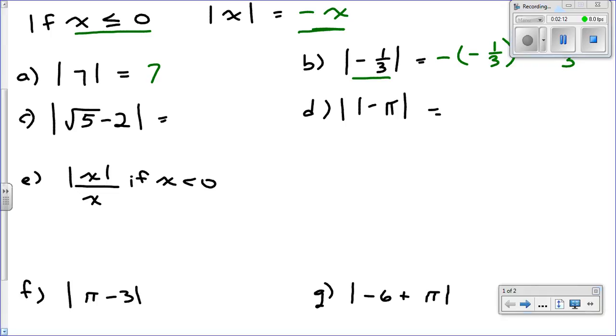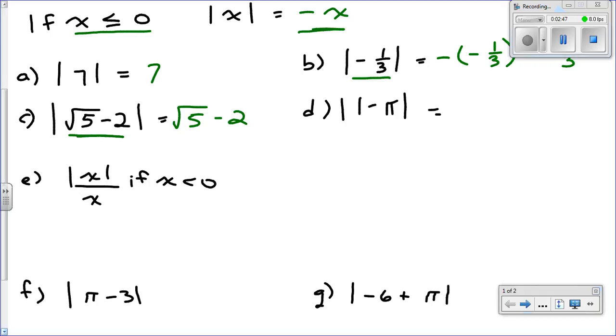In this case, with the square root of 5 minus 2, the question to ask is whether that value is greater than 0 or less than 0. The square root of 5 is going to be a little more than 2, since the square root of 4 is 2. So something a little bit more than 2, minus 2, is going to be positive, greater than 0. So we can just drop the absolute value symbols, and the absolute value of root 5 minus 2 will be root 5 minus 2.